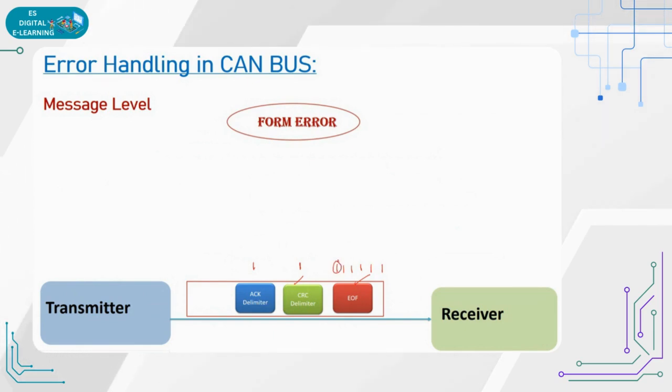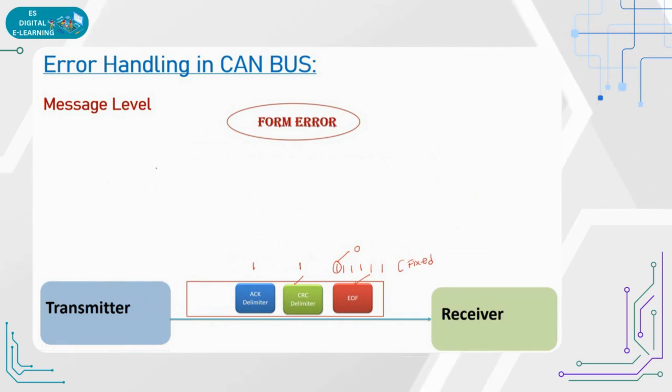If any one of these bits is changed to 0, then the form error occurs. So remember, form error is nothing but the acknowledgement delimiter, CRC delimiter, and end of frame bits being fixed format. It is always fixed format.